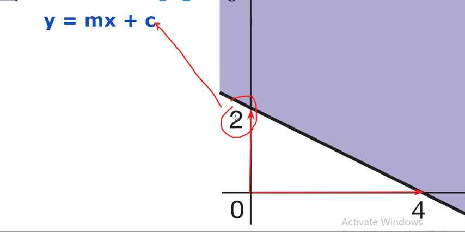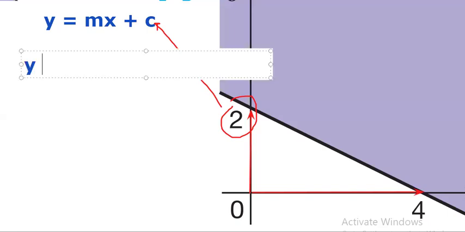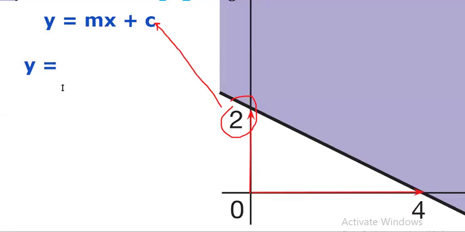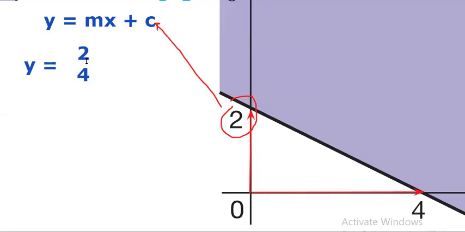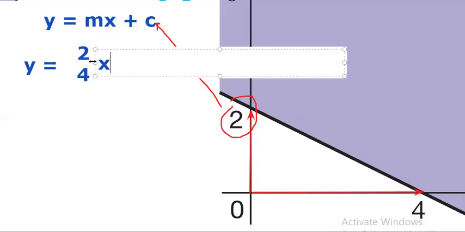So rise is 2, run is 4, so it's going to be 2 over 4. So we write y equals 2 over 4, and then next to it we write x, and then plus c, which is plus 2.